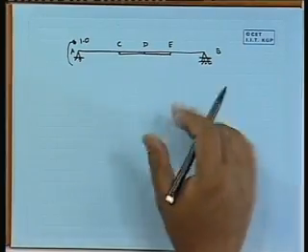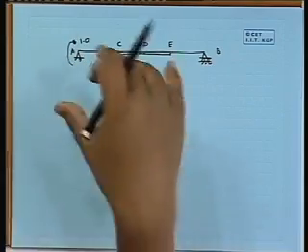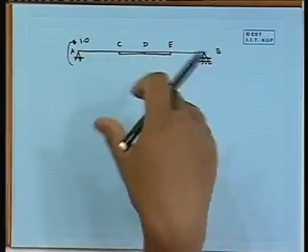Now, due to the moment, we have to find the expression of bending moment, and those are nothing but the small m. How will we get it? First, we have to find the reactions. So, what will be the reaction here?